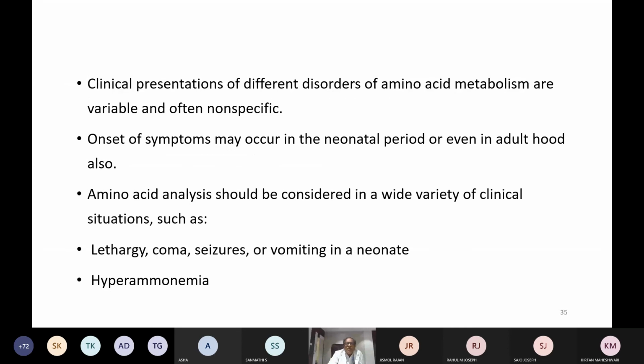Clinical presentation of different amino acid disorders related to amino acid metabolism are variable, and often they are non-specific. Onset of symptoms may occur in the neonatal period only.